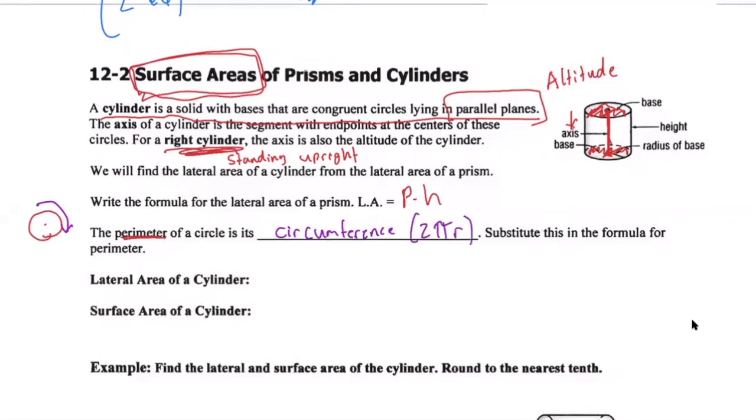Okay. So we're going to substitute this formula for perimeter. Again, the perimeter of the base, capital P equals perimeter of the base. You've got to make sure you identify the base. So in this case, it was perimeter times height, but now instead of P, you're using 2 pi r times the height.